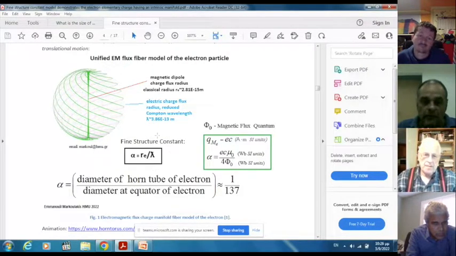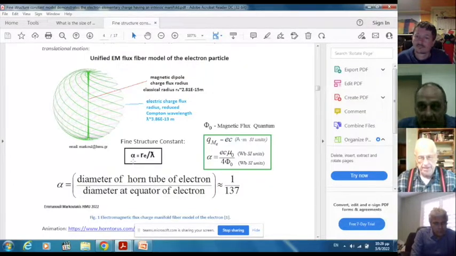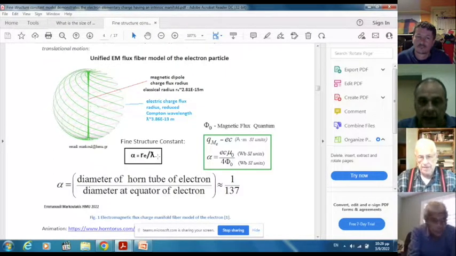And we know from theory, this is not my equation, it's in the literature, that the fine structure constant, a bit ironic why they call it fine structure constant, is exactly this ratio, and it determines the whole geometry of the charge manifold. The fine structure constant is the classical radius divided by the reduced Compton wavelength.